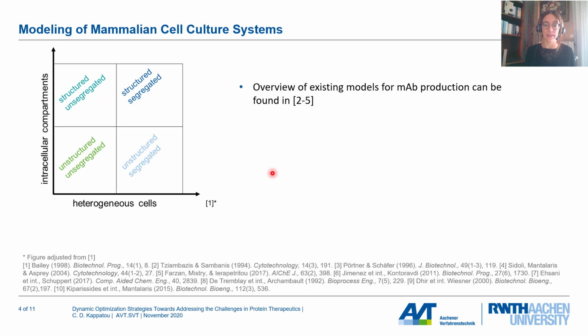And as the level of detail increases in those models, of course, the computational effort we need to simulate and optimize with this model also increases. So this can be also a limiting factor.